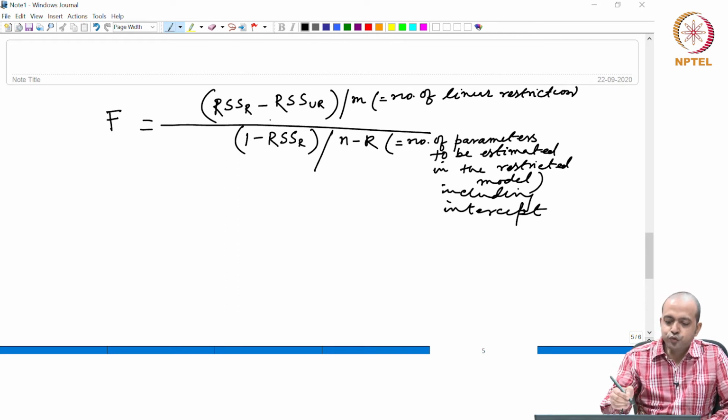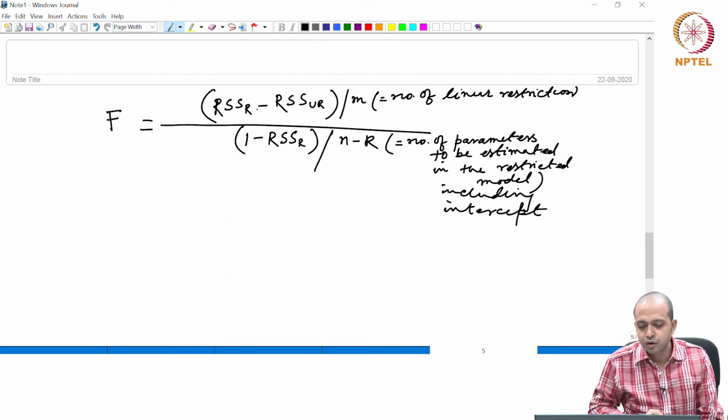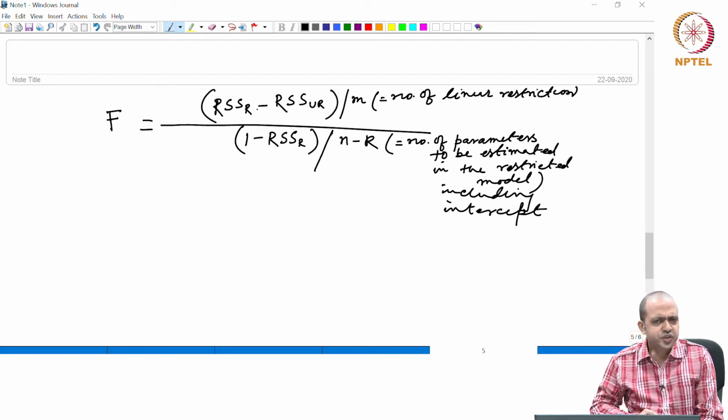Now, if you forget whether the numerator should be RSS R minus RSS UR or RSS UR minus RSS R, just think which of these two RSS is more. Obviously, when you put a restriction in the model, you have fewer explanatory variables, so RSS would be higher.